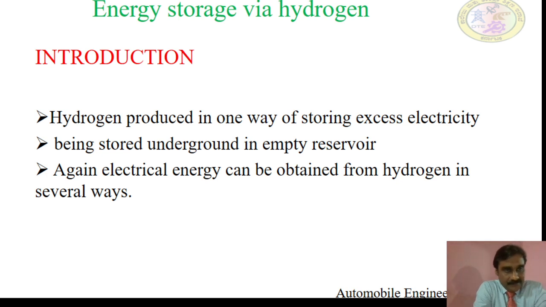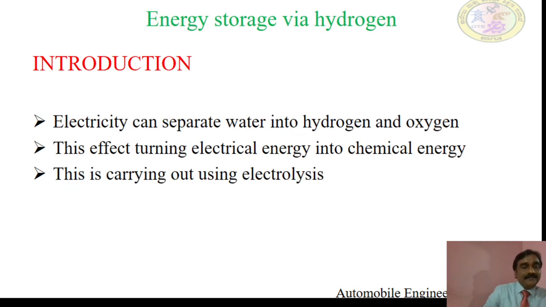I want to discuss briefly once again this hydrogen producing process. Hydrogen production is one way of storing excess electricity. Hydrogen can be stored underground in an empty reservoir, and electrical energy can again be obtained from hydrogen in several ways.